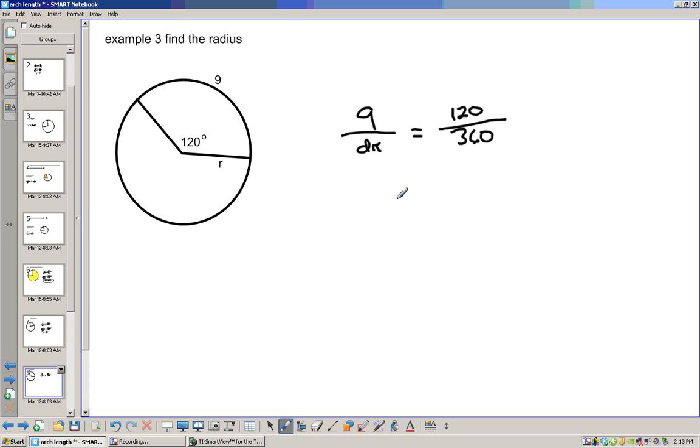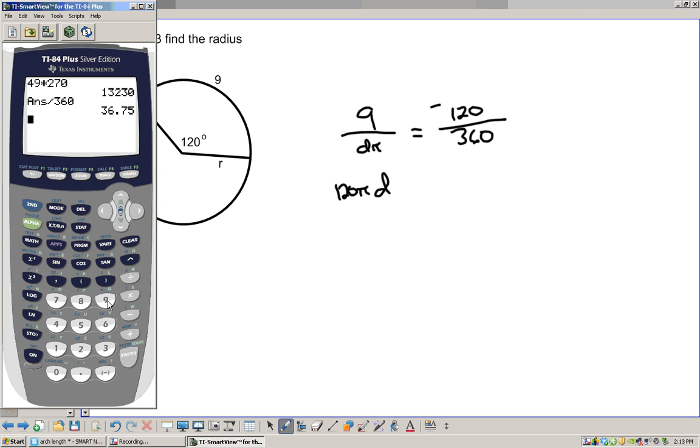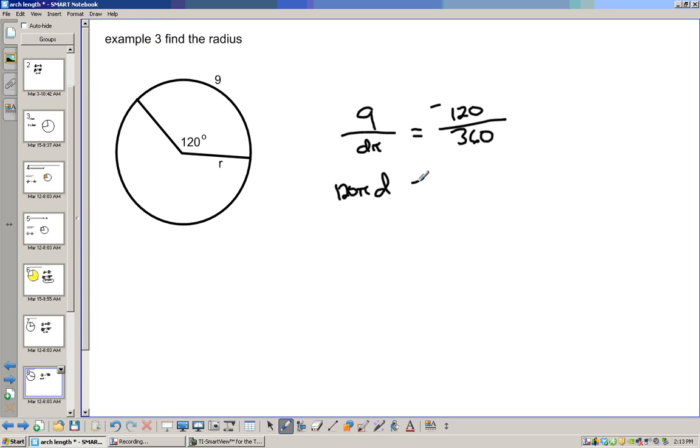Alright, so here, d pi times 120, I'm going to put 120 pi d. And then 9 times 360 is 3,240.